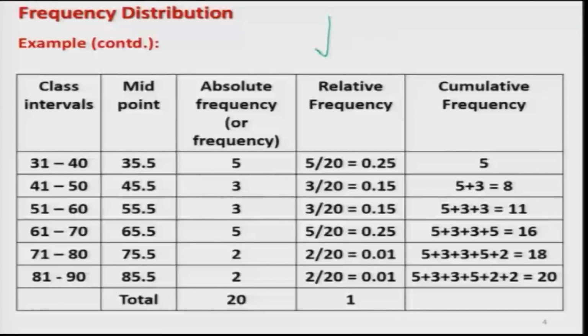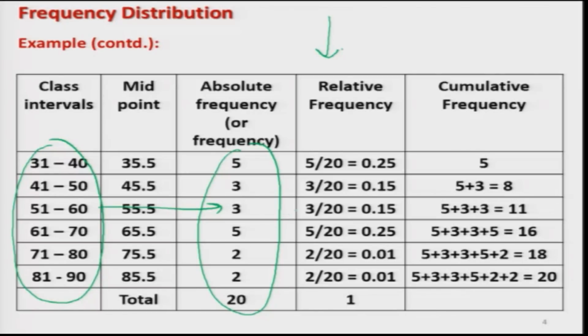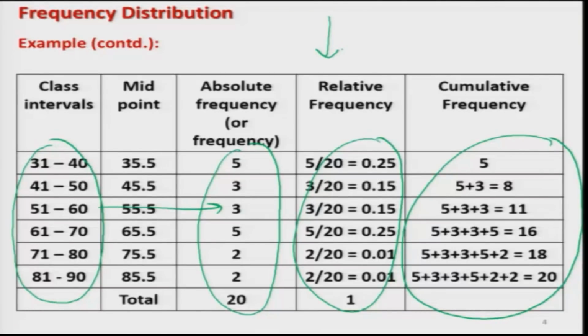In this example we had decided to make class intervals of width 10 seconds, and you can have a look at this table. We had first constructed the class intervals, based on that we found the frequency, then the relative frequency, and finally the cumulative frequency. The same thing we are going to now do in the R software.